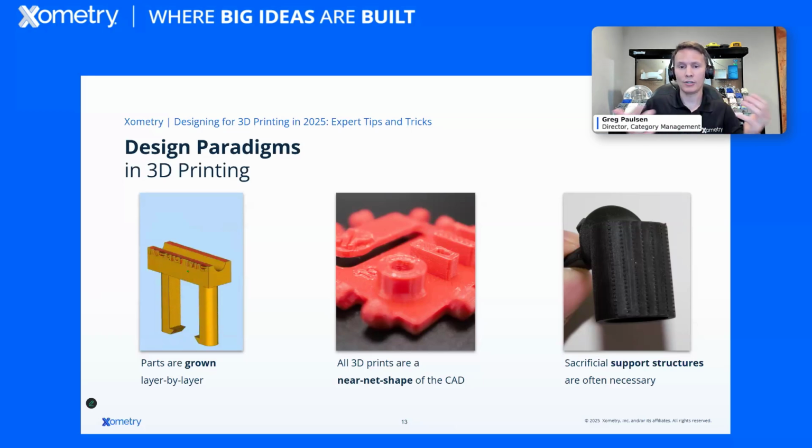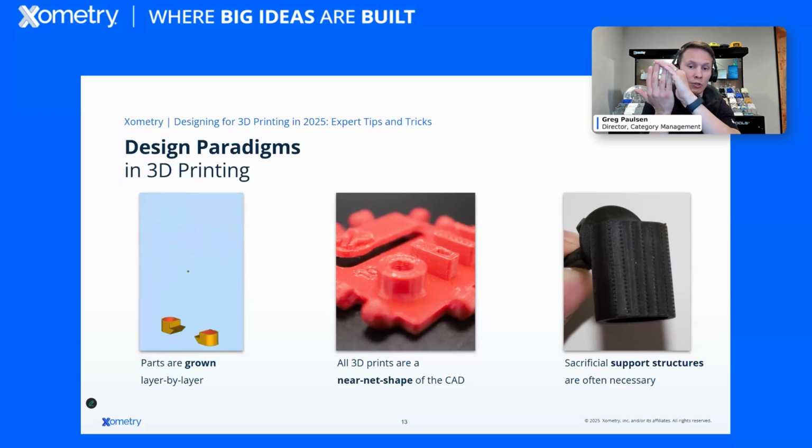And lastly, it turns out we're not in space. Gravity still exists. Support structures are very common within additive manufacturing. Most processes require support structures, and what they are is sacrificial features that are built with your part to hold overhangs.